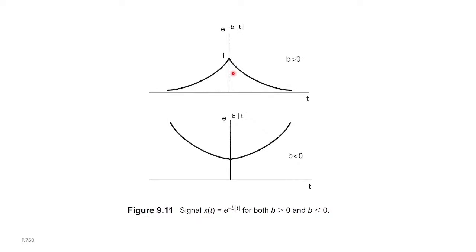So we have a picture here. This is what your signal looks like if your decay is positive, so b bigger than 0. Then for positive t it's exponential decay, and for negative t it's also exponential decay. And if b is less than 0, then both are exponential growth, so this is probably going to be pretty bad, as you can imagine.